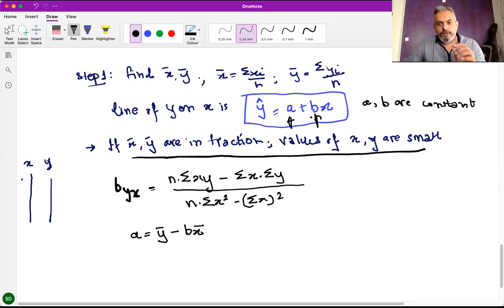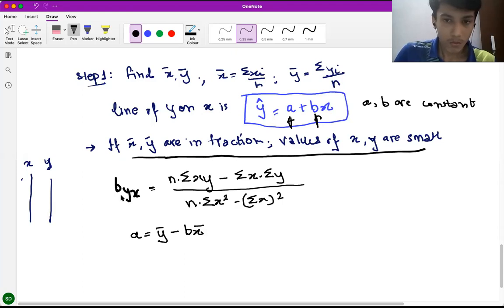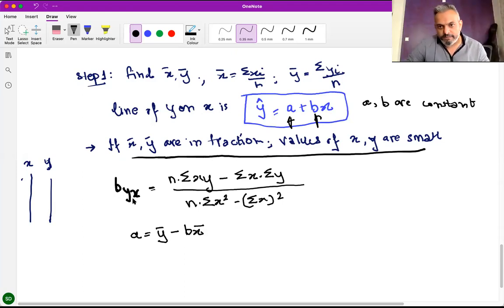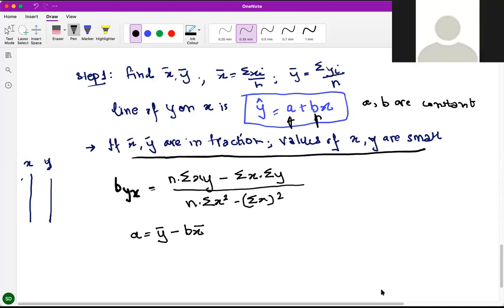If we know the value of a and the value of b, then for any value of x, we can estimate the value of y. So b over here is for finding y, which is dependent on x. That's why we say b y on x. Got it, Deep? Yes, sir.